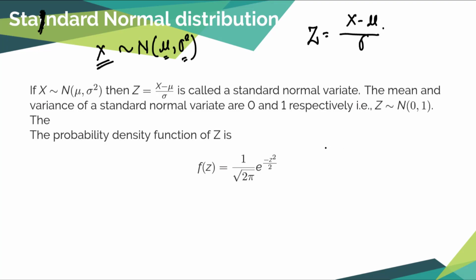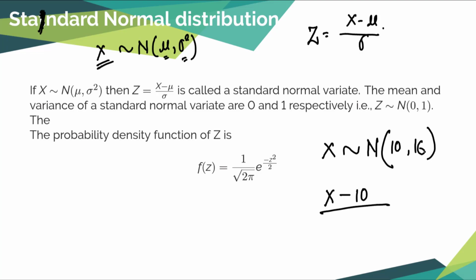Now from the random variable, if you subtract its mean, right? So let's say a practical example. Let's say x follows normal distribution with a mean of 10 and a variance of 16, right? Mean is 10, variance is 16. Now if I write x minus the mean, mean is 10, and 16 is sigma square, so sigma will be root over 16, which is 4.